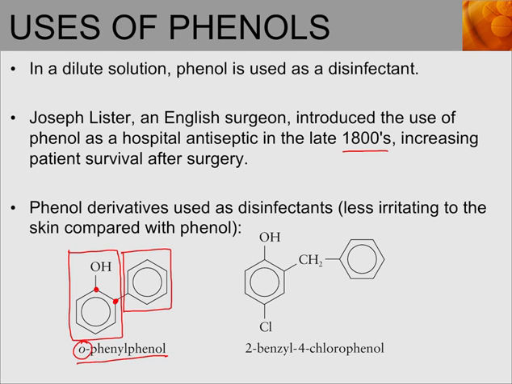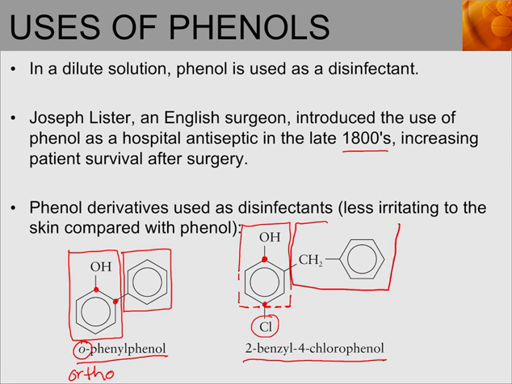So that's why we use that O for ortho. Another one is 2-benzyl-4-chlorophenol. So we've got our parent compound, the phenol there, and then a chlorine is at position 4 across from our OH group. And then this group is called benzyl. So it's a benzene ring with an extra carbon attached.